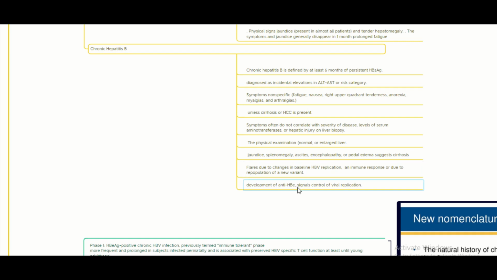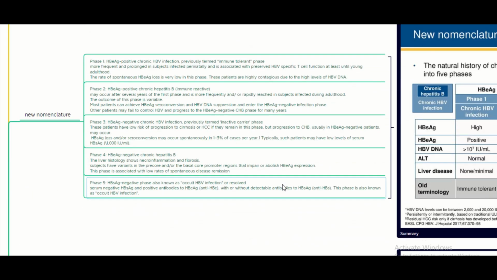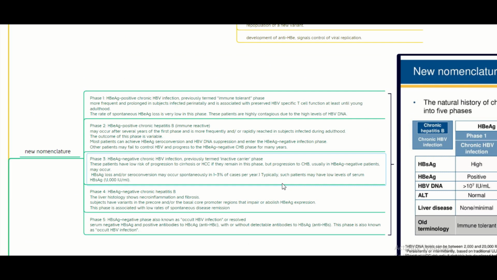We will once again review the new nomenclature of hepatitis B, which is in phases and can be divided into HBe antigen positive and HBe antigen negative, and we will compare them to the old terminology.